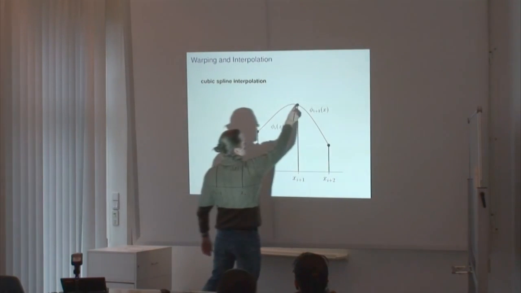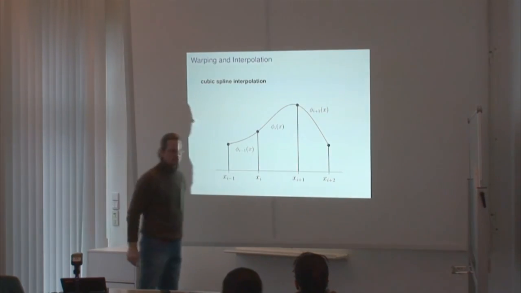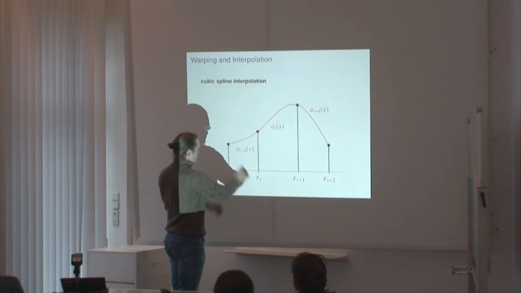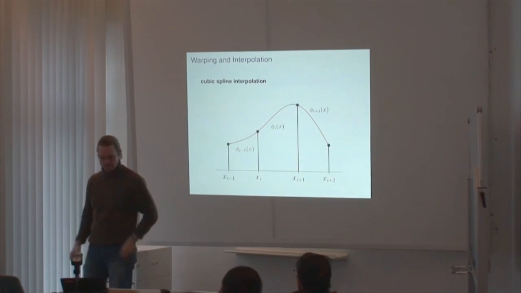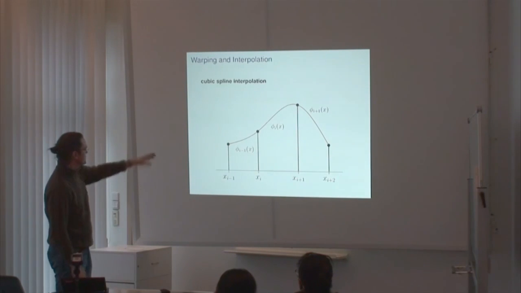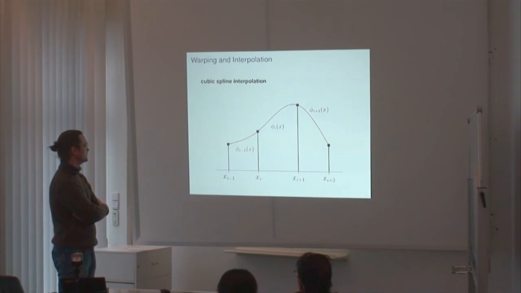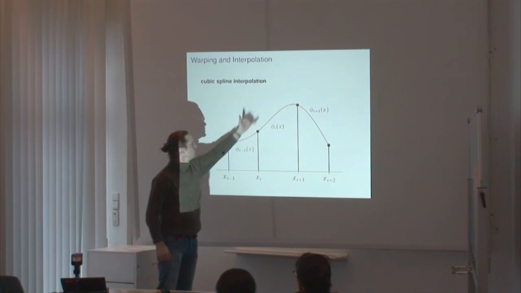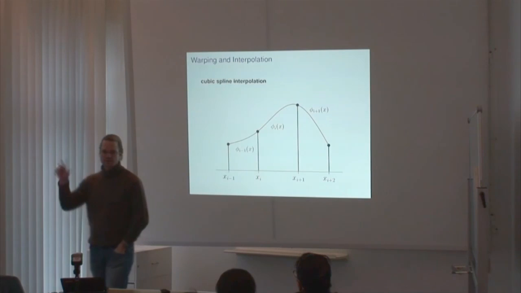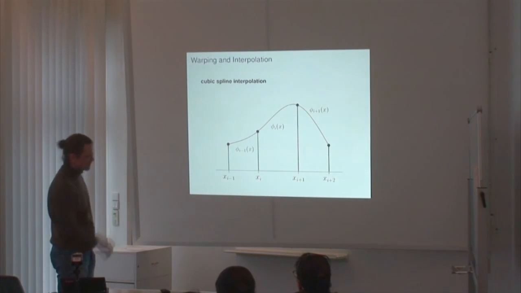And it will continue somewhere here, but it's not of interest to us. We are only interested in the values of these polynomials in these certain intervals here. And this is indeed the curve that results from using cubic spline interpolation applied to these 4 sample points and their corresponding function values. So this looks fairly smooth.